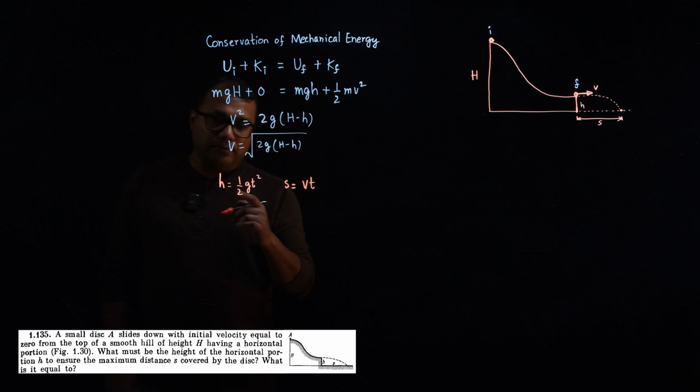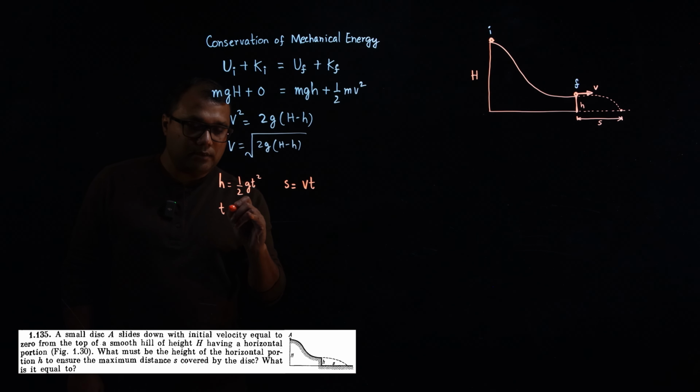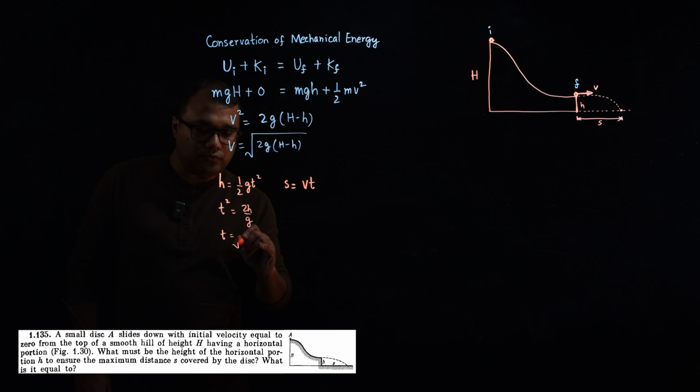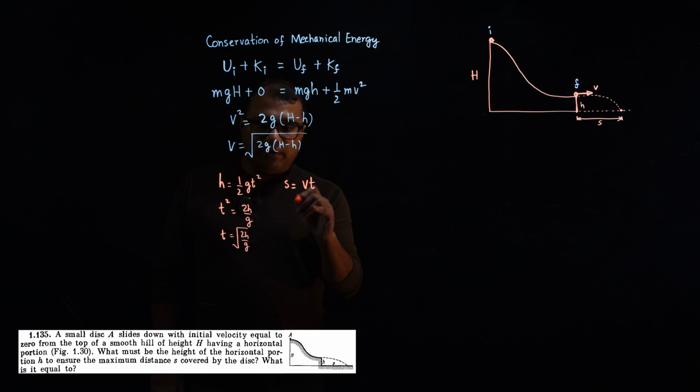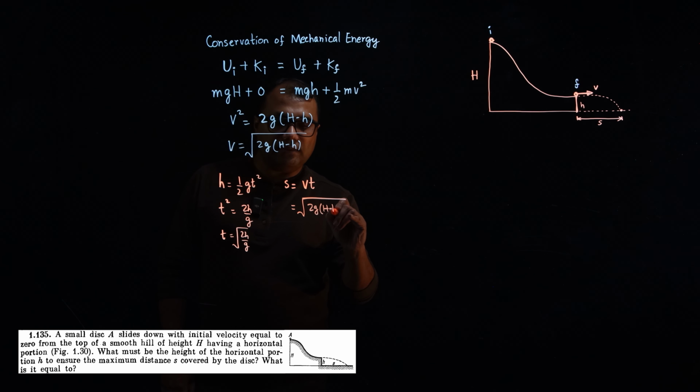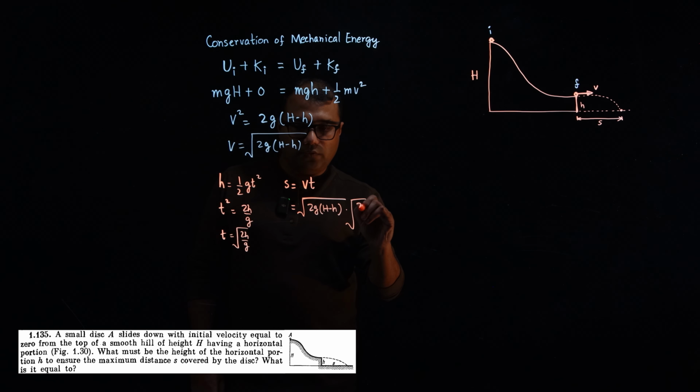So from here we get t square is 2h by g, or t is root over 2h by g, and from here we get s is vt, so v we can write as root over 2g(H minus h) times t is root over 2h by g.